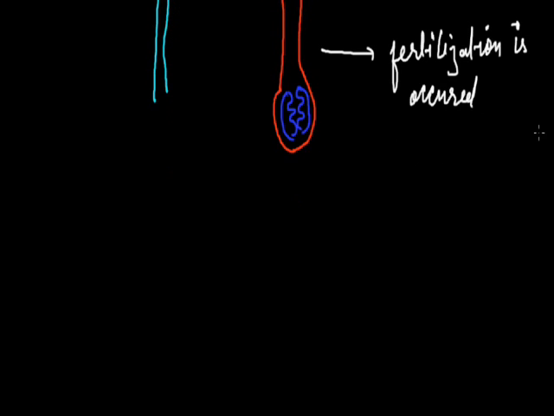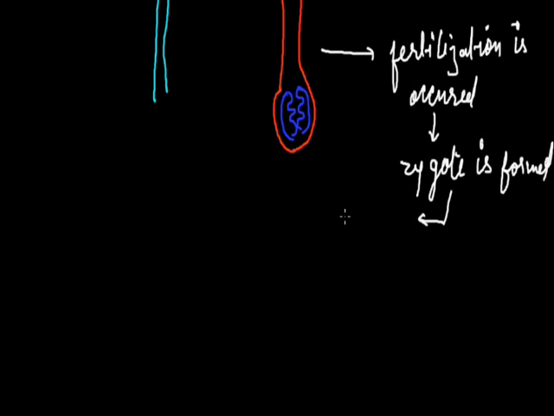Now after fertilization, zygote is formed, and this zygote undergoes development and becomes an embryo. This embryo further develops and becomes a seed.